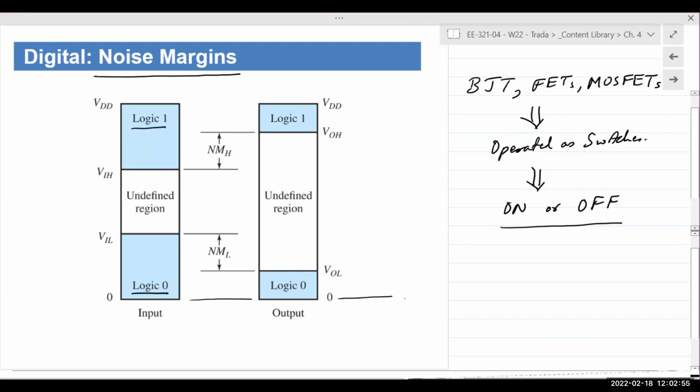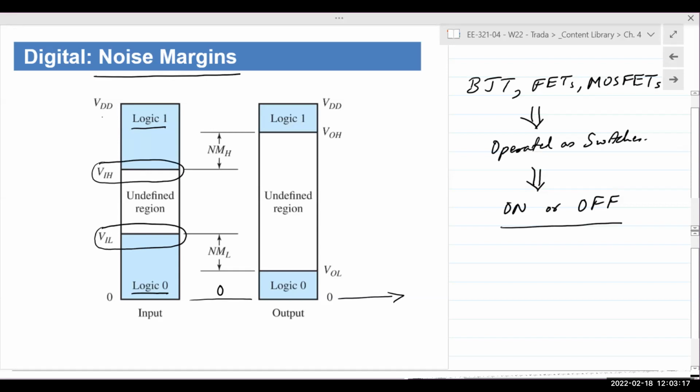This is ground level, which is 0. So all of this is 0 volts. And we would have to have a clear demarcation. So input low voltage at this level, let's call it VIL, and this would be VIH.